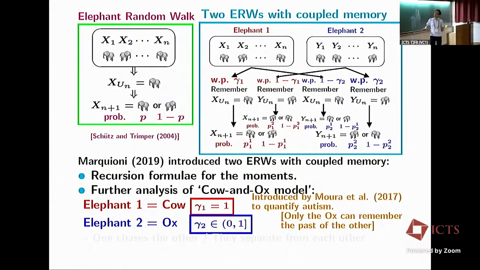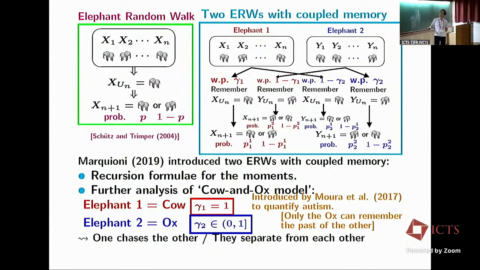This model has its origin in another paper by Mora and others, and their motivation is to have a model to quantify OT. By Marchioni's analysis, this cow and ox model has two prominent behaviors.